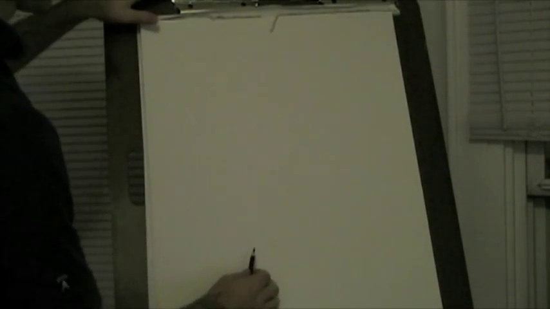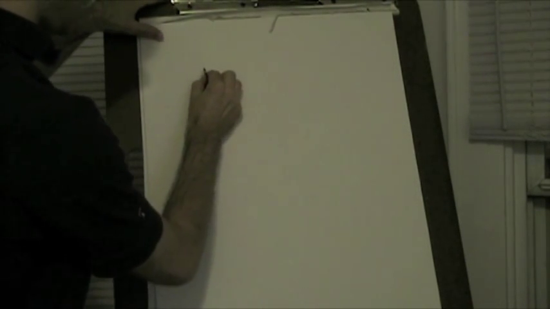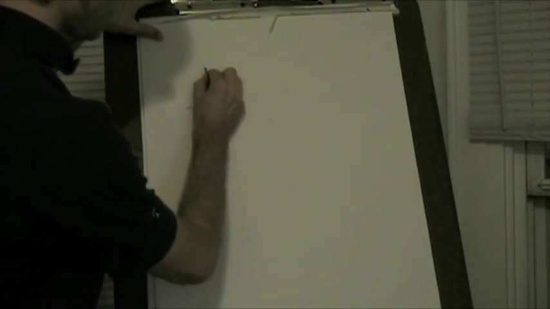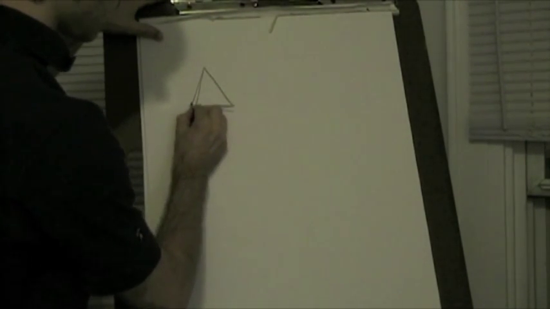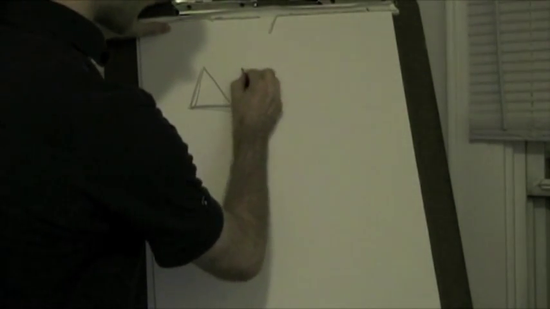So, what are our simple shapes? Well, here we go. We have the triangle, and we're thinking in 2D right now, not 3D. Just think of flat shapes. Triangle. And then of course we have our square.